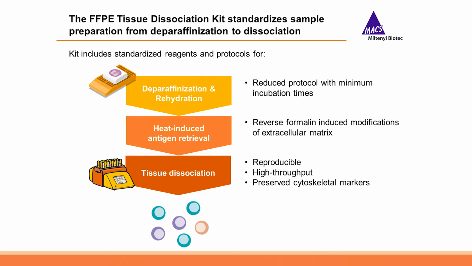And last but not least, the tissue dissociation reagents, of course, are also included in the kit to provide reproducible results in a fully automated fashion with a high throughput system and by preserving important cytoskeletal markers. So to wrap everything up, the FFPE Tissue Dissociation Kit can be used to standardize FFPE carcinoma tissue dissociation into single cell suspension and to preserve important cytoskeletal markers for the analysis and for sorting.